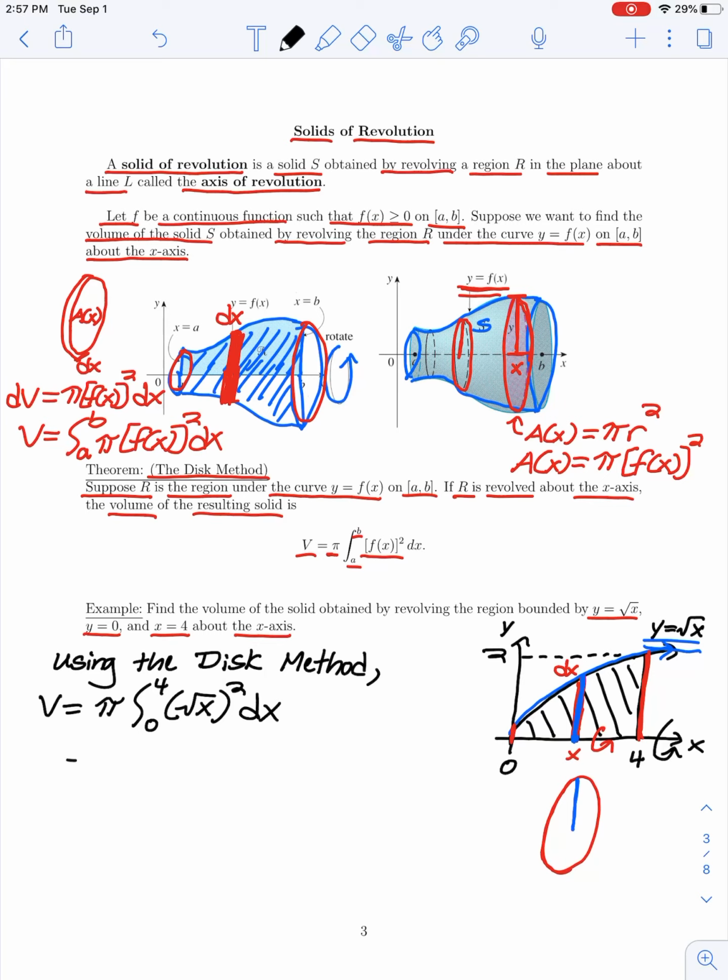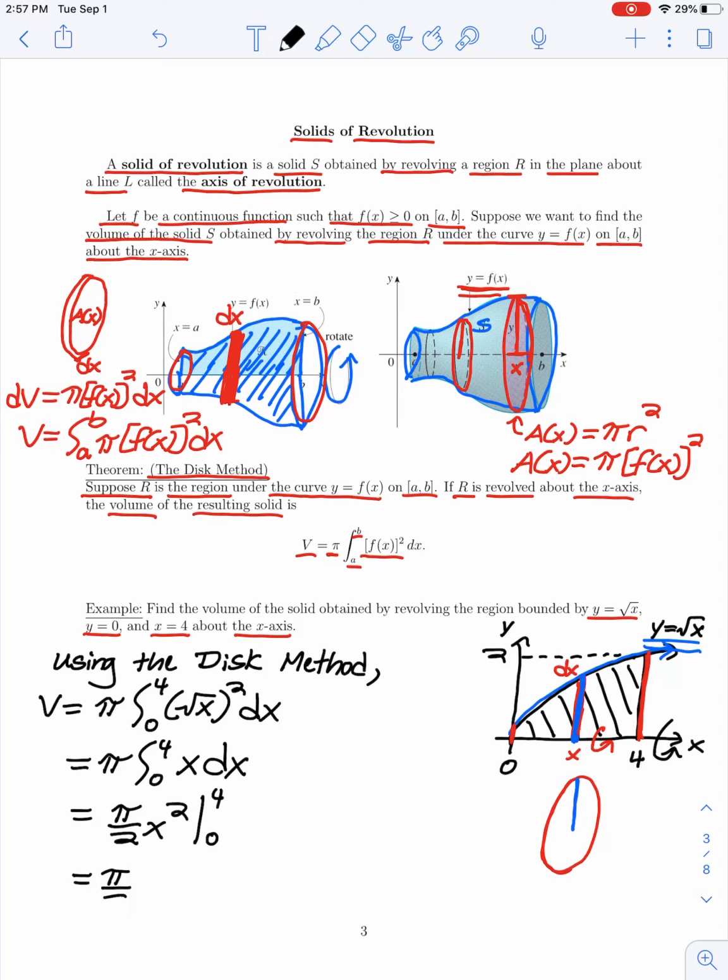So in this example, not too difficult, we have pi times the integral from 0 to 4, and the square root of x squared would simply be x dx. So for our antiderivative, we have pi, and then the antiderivative of x to the first would be 1/2 x squared. So we have pi over 2 x squared, which we're evaluating from 0 to 4.